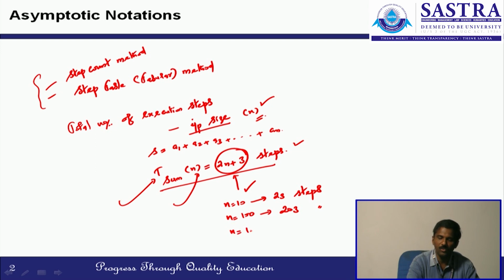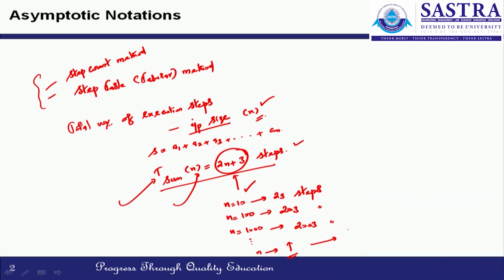When n is equal to 1000, 2003 steps are required. Likewise, when n becomes larger and larger, how many steps are required? That we can easily find by substituting the value of n.